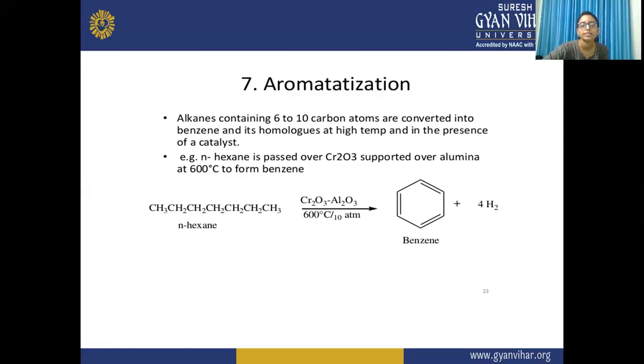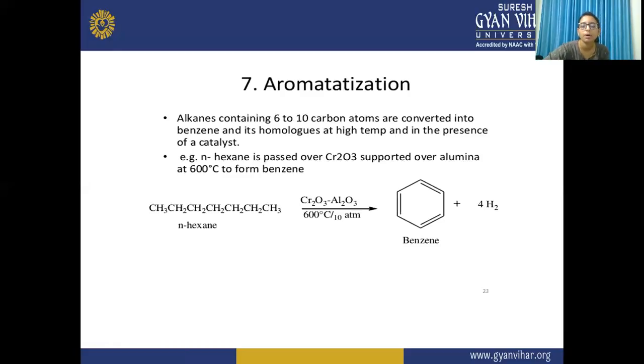So here n-hexane is passed over Cr2O3 supported by alumina at 600 degrees centigrade to form benzene. So here you can see n-hexane, the carbons are here, 6 carbon atoms are there.